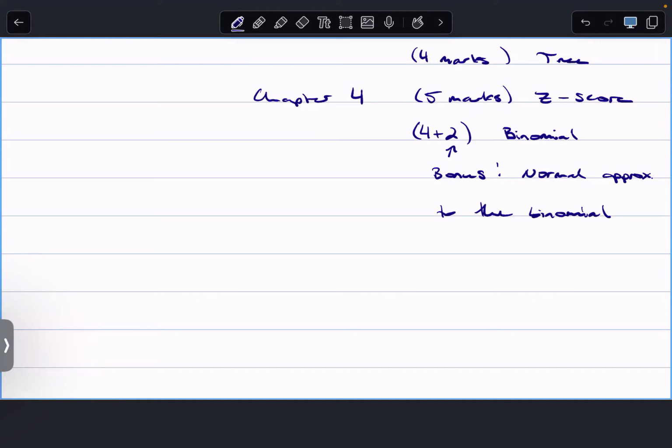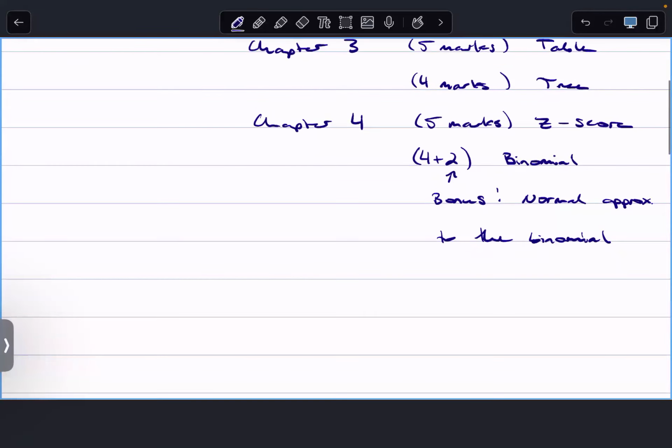And it's kind of a nice link between the normal distribution and the binomial, right? But whenever you find yourself in a binomial situation and you think, oh man, that's a lot of calculations, right? Then you can see if you can use the normal approximation to the binomial. Usually you can, and then it's a lot easier. Okay. All right.